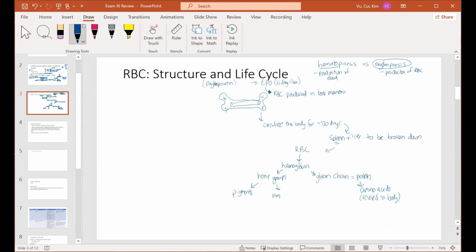The iron can be recycled, in other words reused, or it can be lost due to trauma, bleeding.